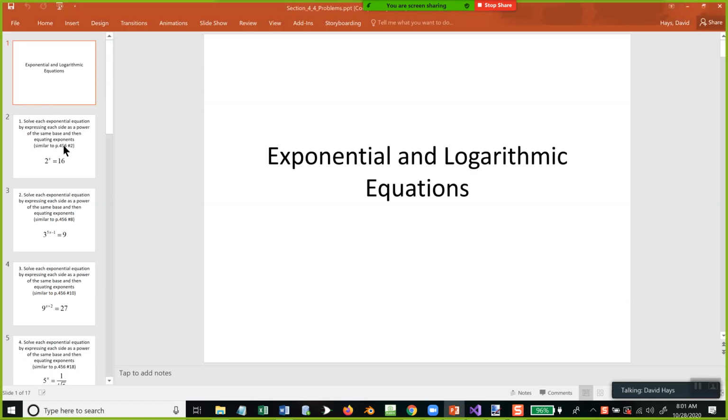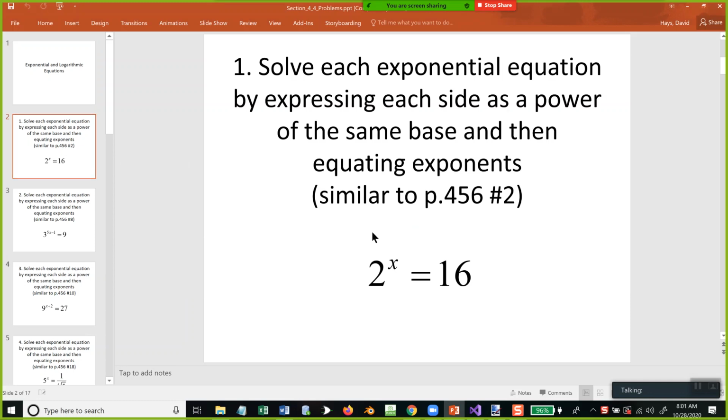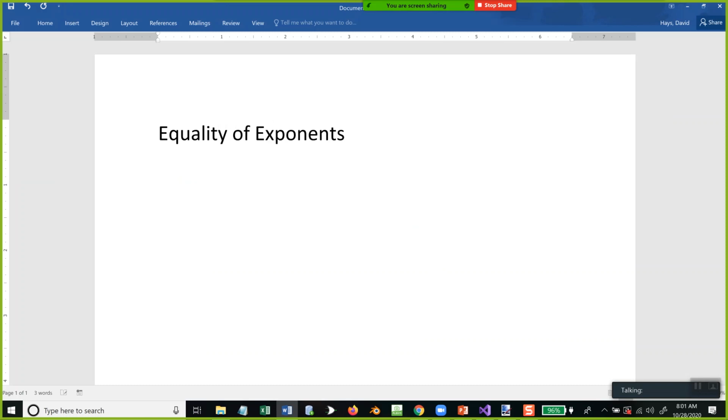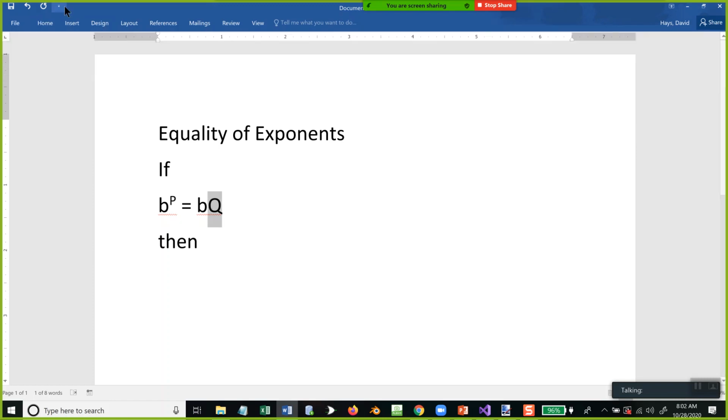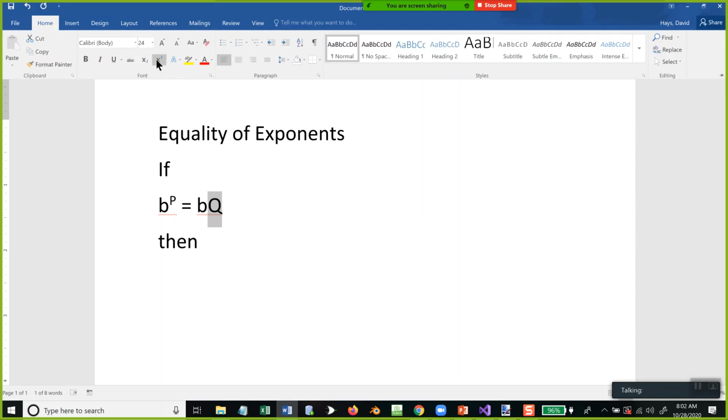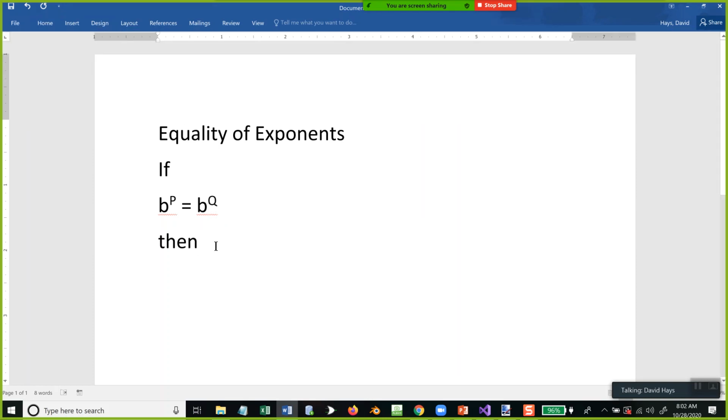Now, our first technique we're going to take a look at is called equality of exponents. Equality of exponents says if you have b to the p power is equal to b to the q power, then you can set the exponents equal to each other.